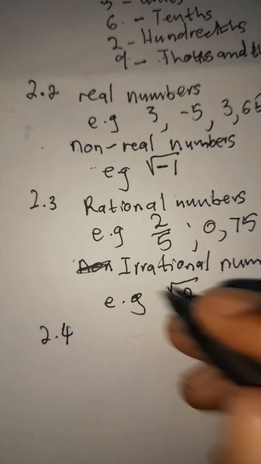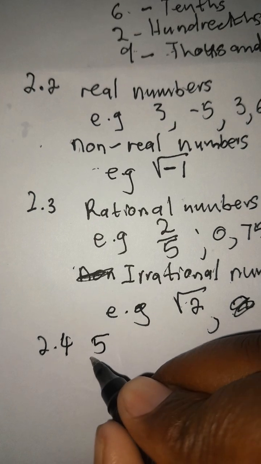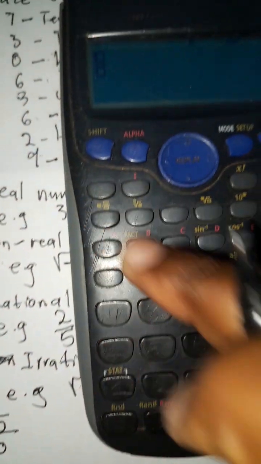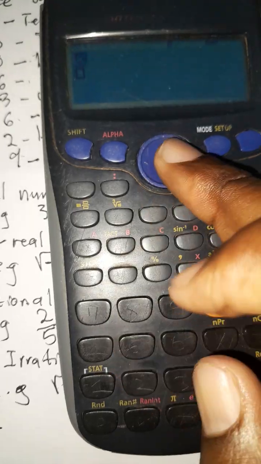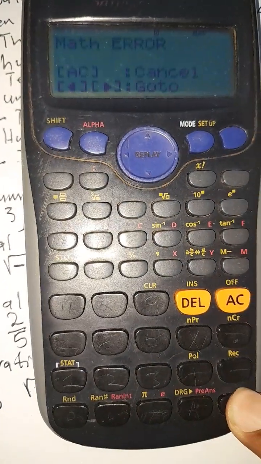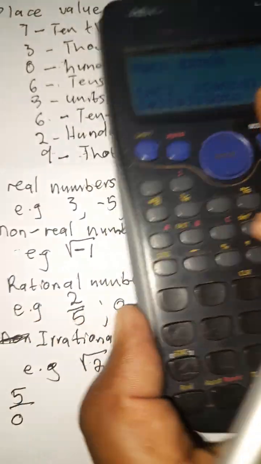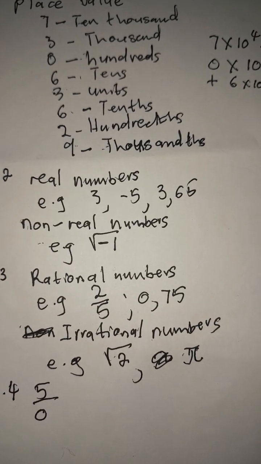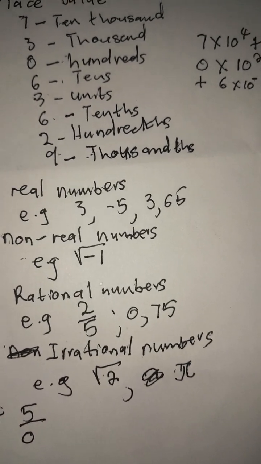Then the fifth one, it's undefined. Let me show you what I mean. It's the same as dividing a number by 0. 5 divided by 0 gives you a math error. So that tells you that 0 is undefined. I hope you have written what I've said, guys.